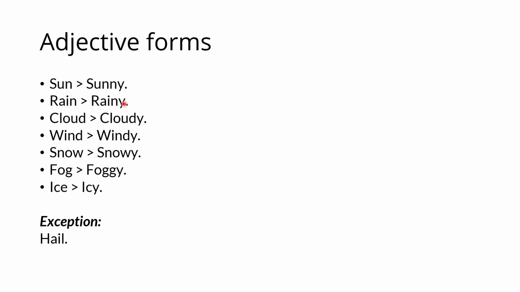So as a rule of thumb, we add a y onto the noun to form the adjective of the weather condition. In some cases, such as sunny and foggy, we add an extra letter, so we're adding an n before the y and a g. Or in the case of ice to icy, we replace the e with a y.